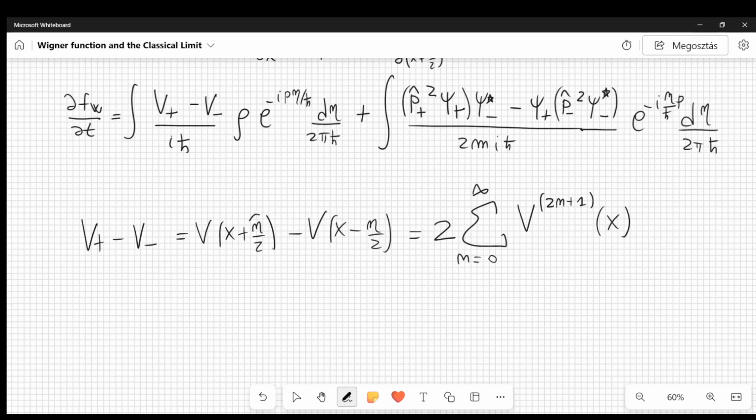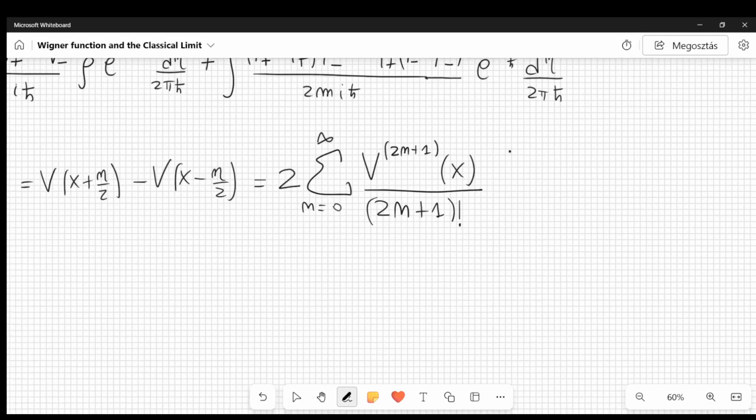So we have expanded in terms of eta over 2, so in the argument of these derivatives we have just x. This is just a Taylor series for odd powers. Then we have 2n plus 1 factorial here. The 2n plus 1 is simply due to the fact that we are considering odd powers, odd terms. And then here we have eta over 2 to the power 2n plus 1.